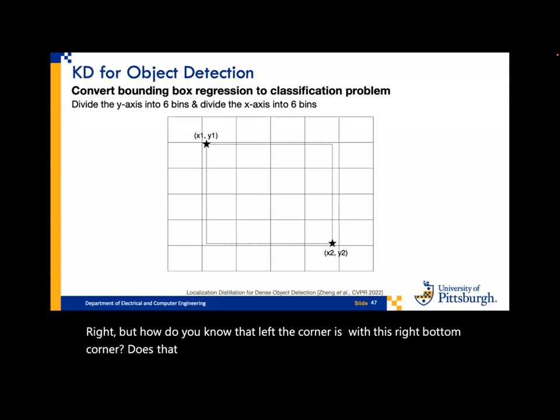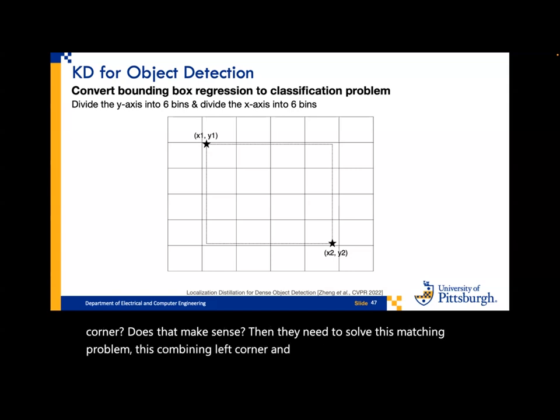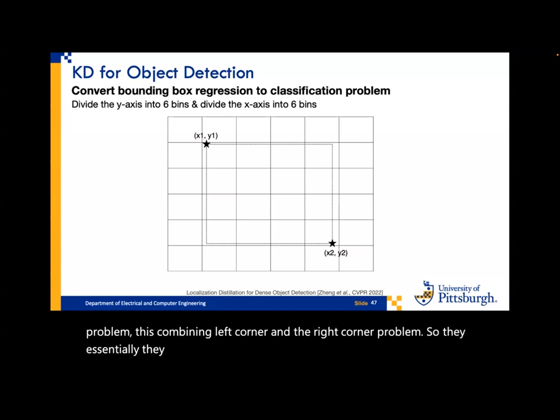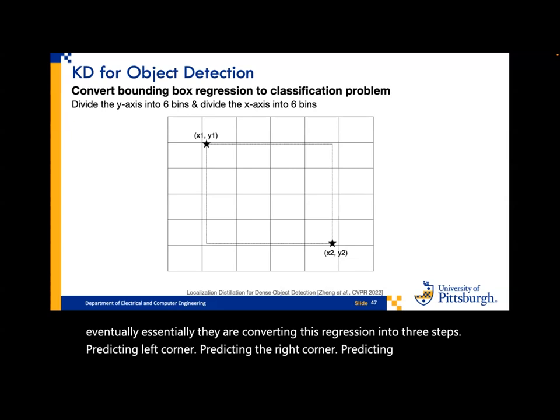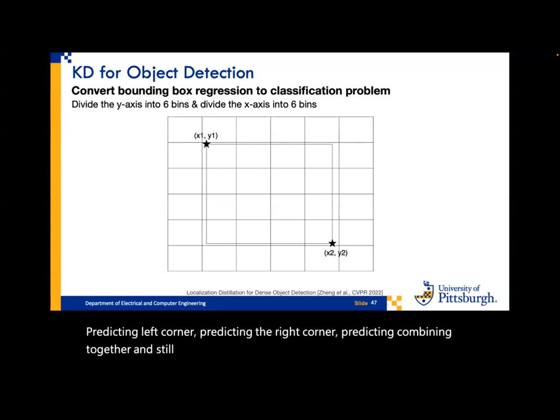Then they need to solve this matching problem, combining the left corner and the right corner. So they are converting this regression into 3 steps: predicting the left corner, predicting the right corner, and combining them together. And still, they show that it's more computationally efficient than calculating the regression problem.